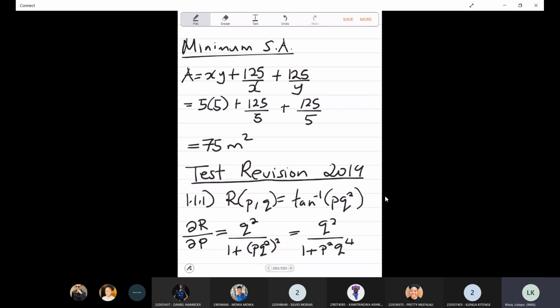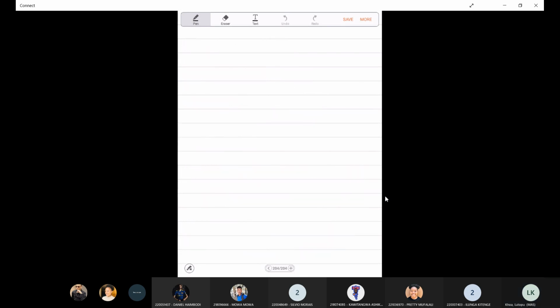Then the partial derivative of r with respect to q. We'll do it in the same way. The derivative of tan inverse in the numerator, you have the derivative of pq squared, which is 2pq.